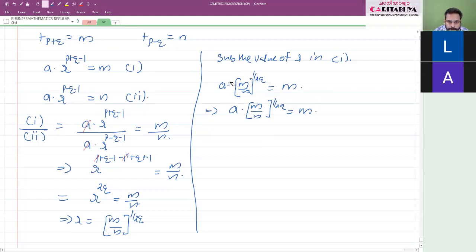Sorry, let me note this. r raised to p plus q minus 1 is there.